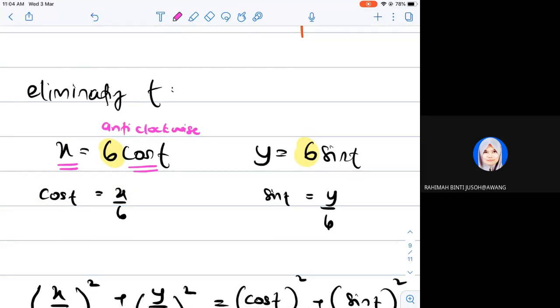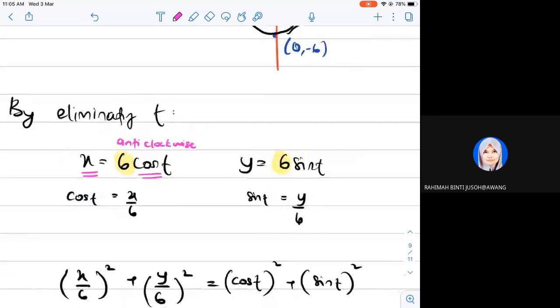Kalau X cos, confirm dia anti-clockwise. Understand? Okay, kalau dia melibatkan negatif, you kena cari dua titik, substitute dua titik T. Tak kisahlah T equals to 0 ataupun T equals to pi over 2 ke. Okay, untuk cari orientation tu, at least dua titik.